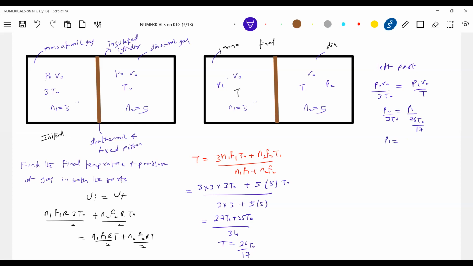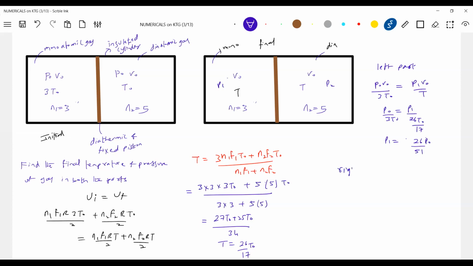So P1 is equal to P naught into 26 by 17 by 3, that is 26 by 51 P naught.